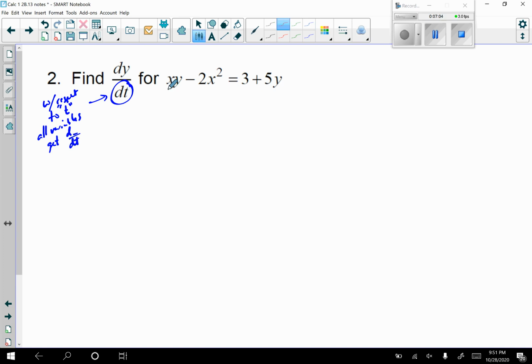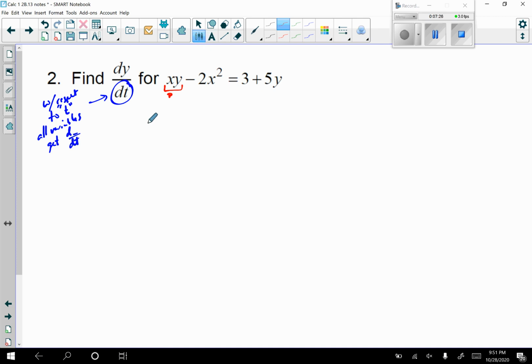Start with the xy. Remember, this is a product rule, derivative original, original derivative. We end up with 1y plus x dy dx, right? No, we're doing a dt, so don't get carried away too soon. All right, let's try that again. What's the derivative of x?